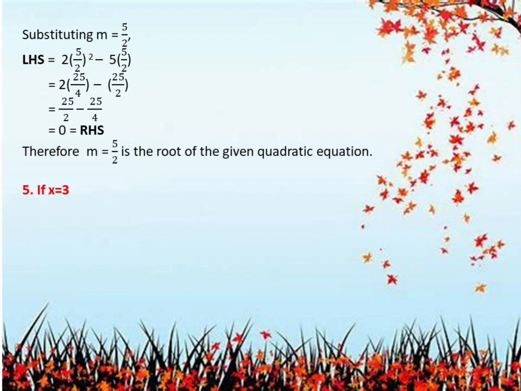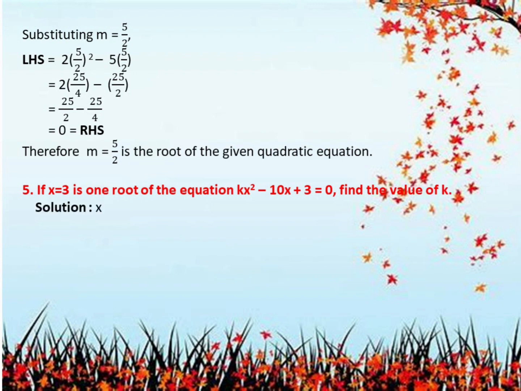Let's move to the fifth question. If x is equal to 3 is one root of the given quadratic equation, that is kx square minus 10x plus 3 is equal to 0, find the value of k. Solution. Very simple sum. You should substitute x is equal to 3 as a root of the given equation.